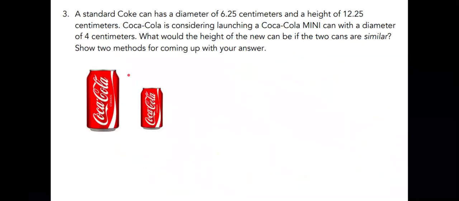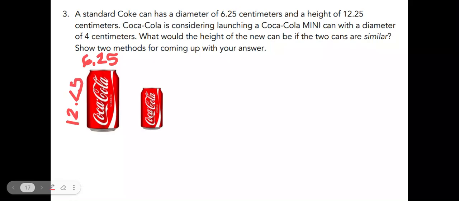Standard Coke can has, I love Coke Zero, diameter of 6.25. So that'd be 6.25 across the circle top and a height of 12.25 centimeters.